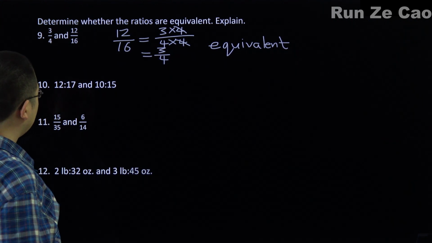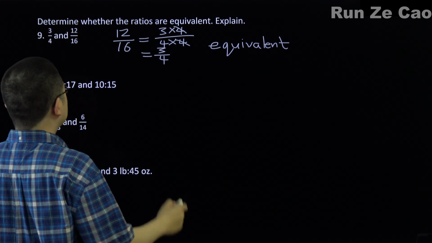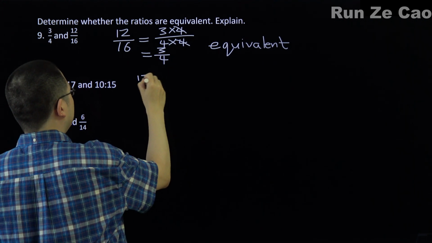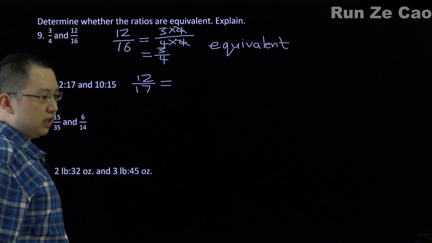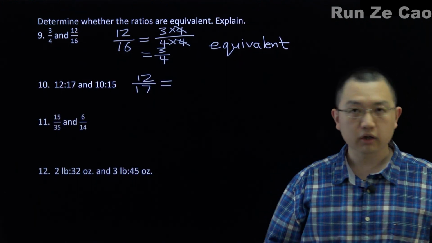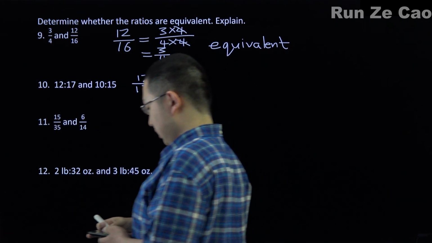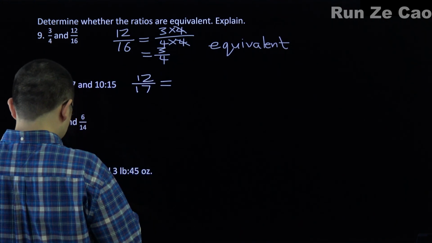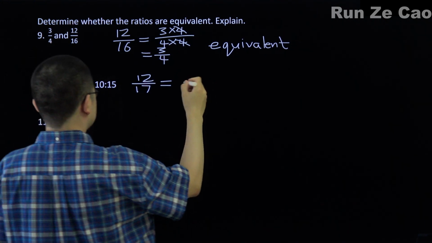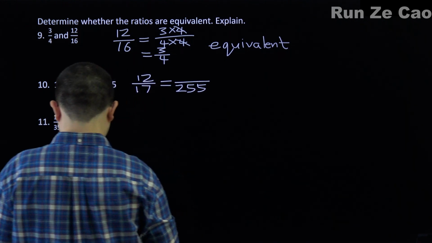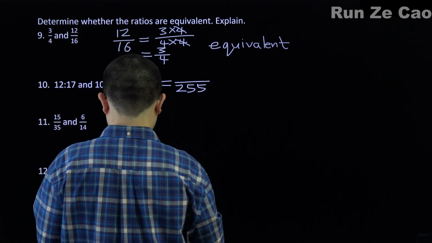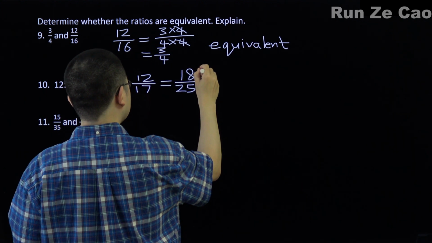12 to 17 and 10 to 15. Well, 12/17 is equal to, 17 and 15 are co-prime, so we just multiply them to find the lowest common multiple. So 255. And then 12 times 15 is equal to 180.